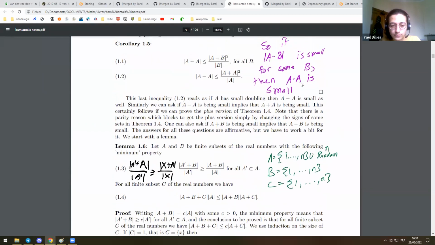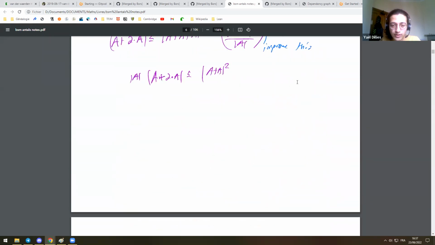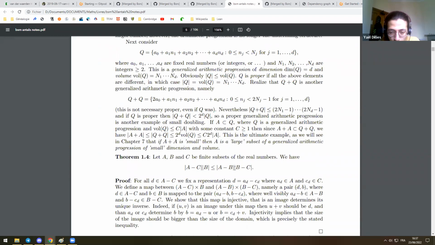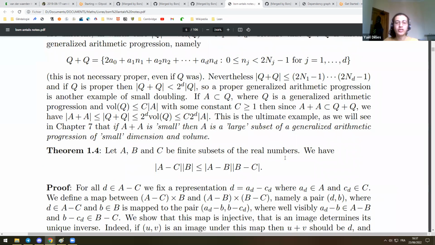The Ruzsa triangle inequality is an inequality which can be interpreted as a triangle inequality with respect to the correct metric. And this is concerned with pointwise operations on sets.